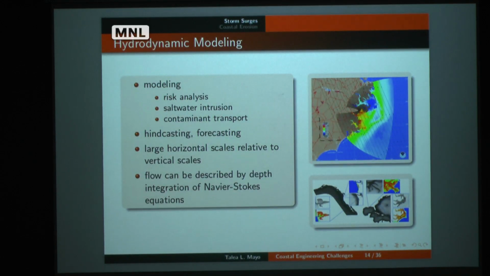The two models I showed here: SLOSH, which is the operational model of the National Hurricane Center, and this figure is from ADCIRC. This is another model that a lot of local emergency managers are using, but it's not the official operational one. Usually emergency managers will use some combination of information from both. They both have pros and cons that allow you to pick and choose based on your application.